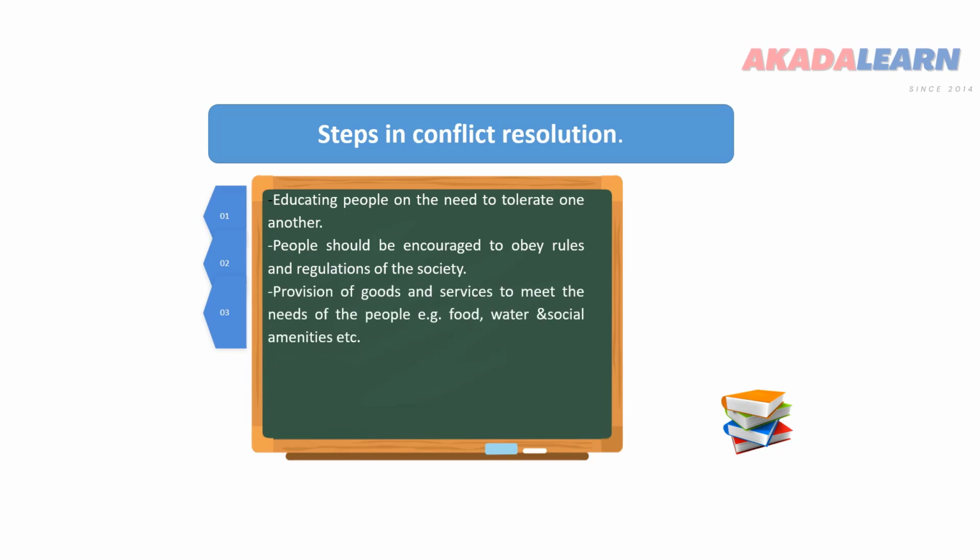Number 3, provision of goods and services to meet the needs of the people, such as water, food, social amenities should be provided, such as healthcare centers, hospitals, libraries. So many things should be put in place for the society, and it should be provided generally for everybody. Everybody should be able to access it.